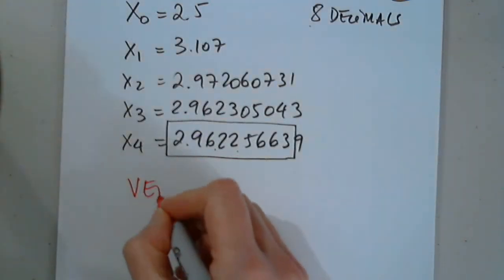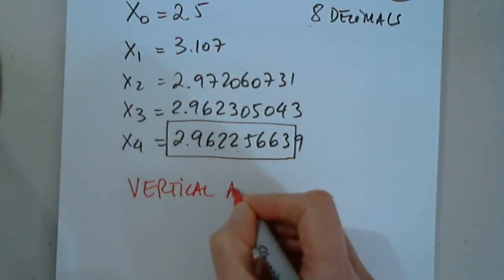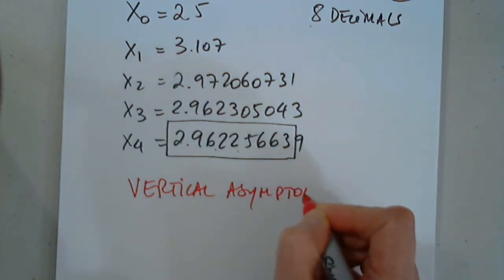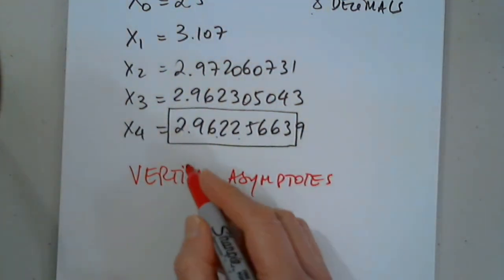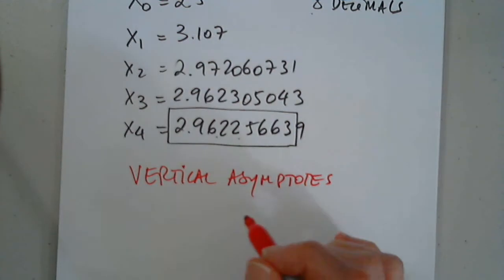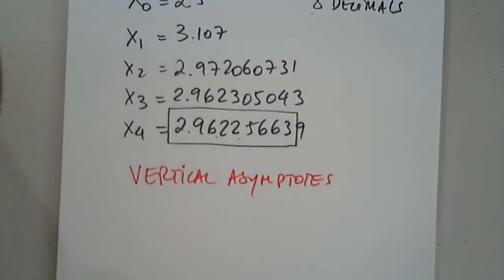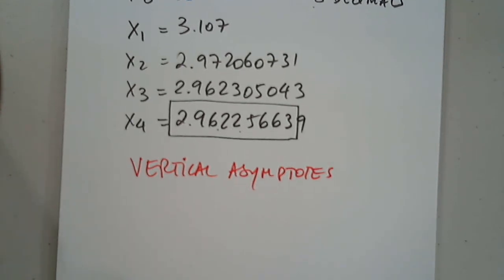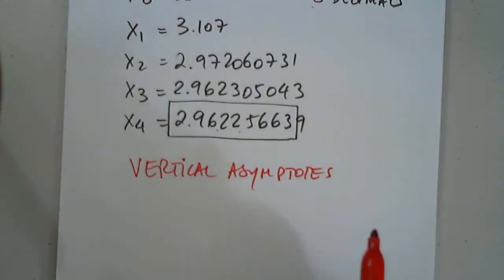Okay, when we talk about vertical asymptotes, let me give you a few examples.